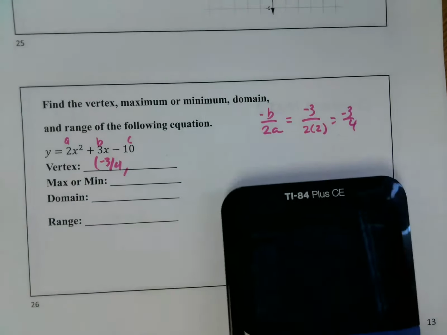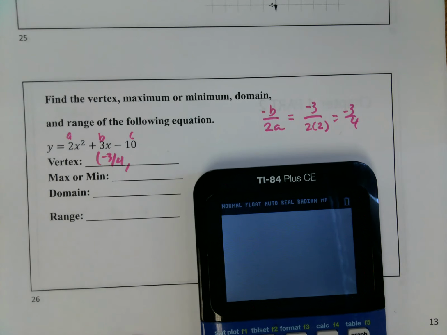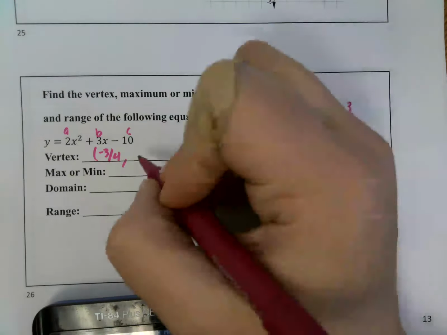I have to plug that number into my equation. So if I plug that into my equation, I have 2, and in parentheses, -3/4 squared plus 3 times -3/4, and then minus 10. Now, I'm not a huge fan of decimals, so I'm going to leave my answer as -89/8.